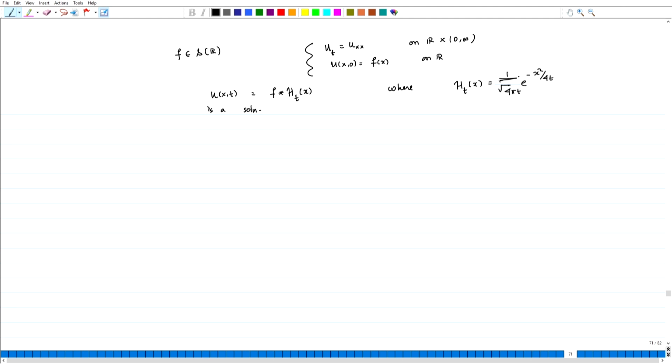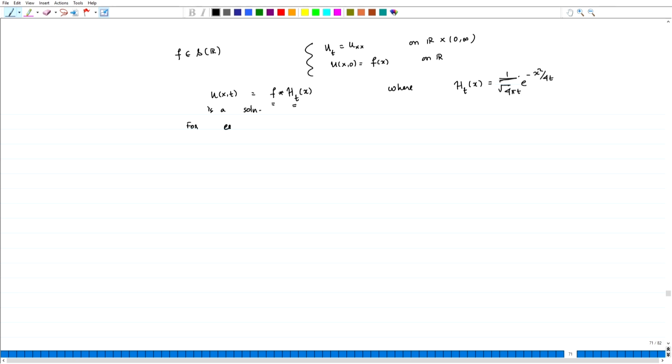Okay. So now what we are asking is whether this is going to be unique or not. As you can see, f is in Schwarz space and h_t also we have taken to be in the Schwarz space. So for each fixed t, u of x, t is in Schwarz space.